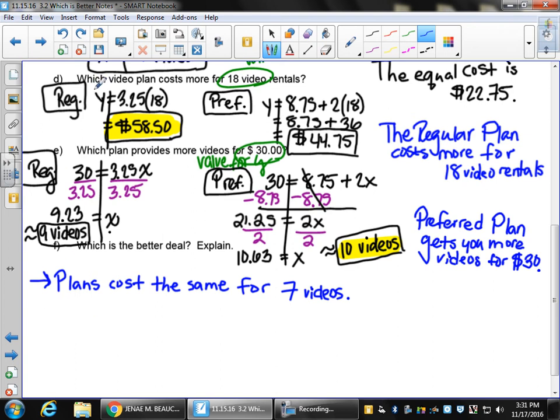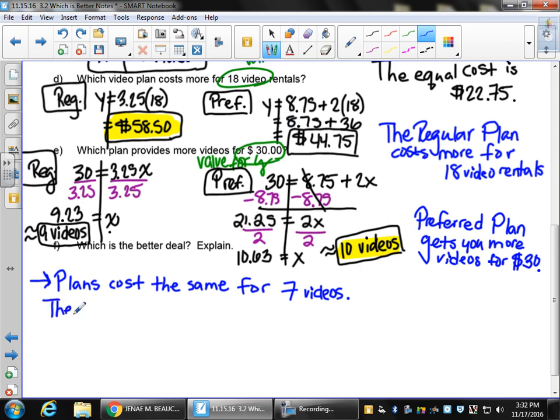Part D asked information when you rent 18 videos. When you rent 18 videos, on the regular plan, it costs you $58.50. On the preferred plan, $44.75. So we can reference this work.